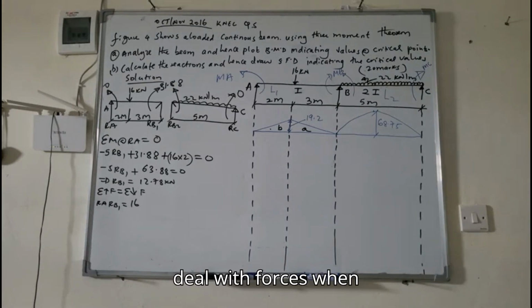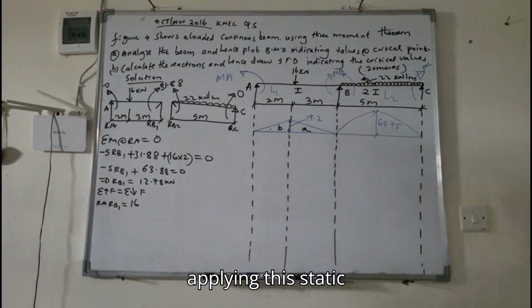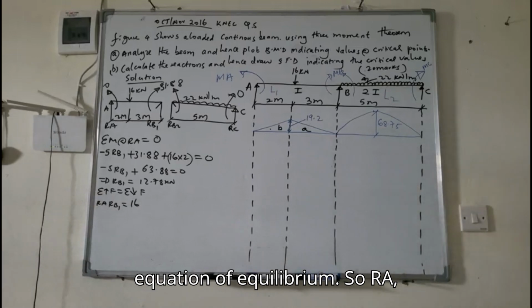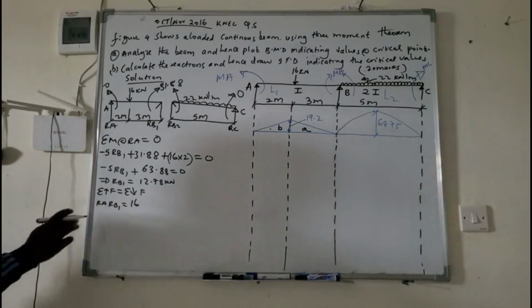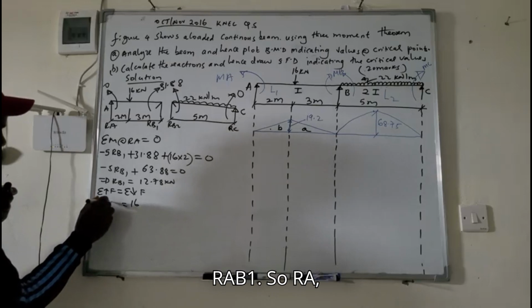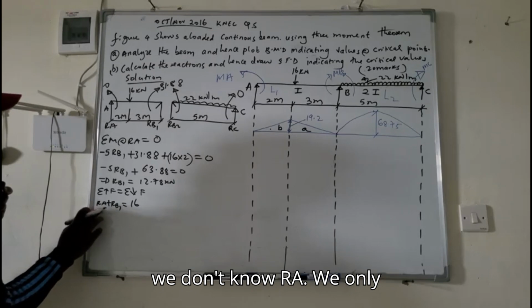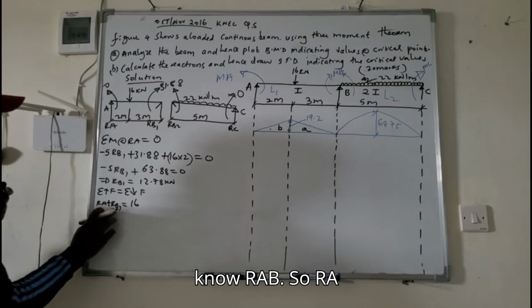Only deal with forces when applying this static equation of equilibrium. So RA, we don't know RA, we only know RB1.